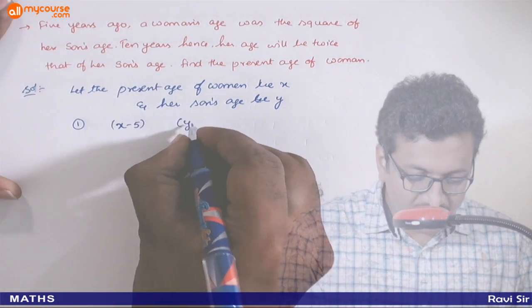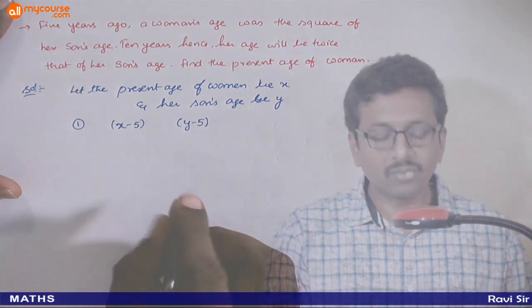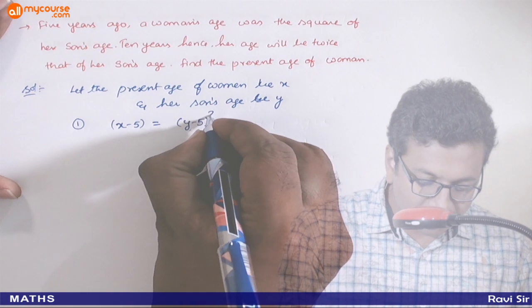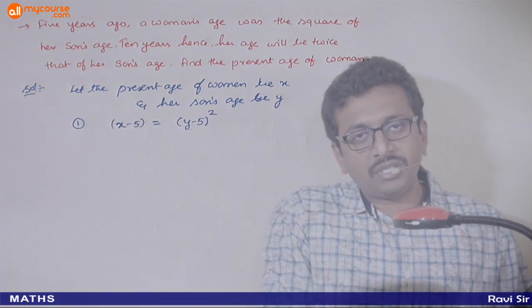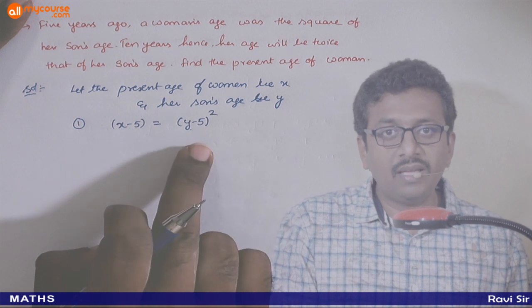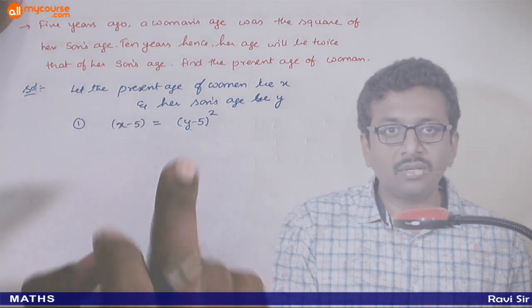The son's age is Y minus 5. And the woman's age is equal to the square of the son's age. Equation clear? X minus 5 is equal to (Y minus 5) whole square.